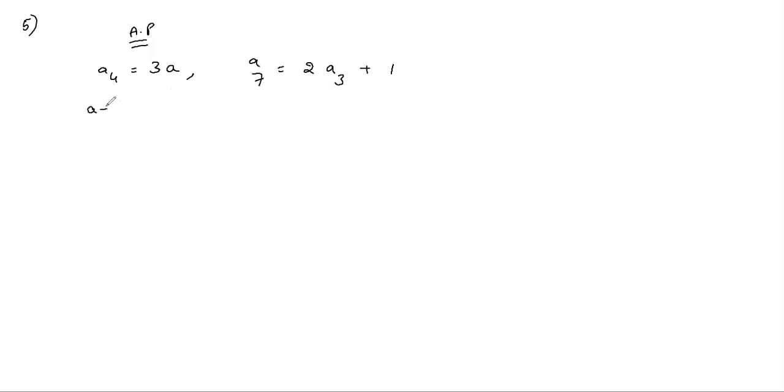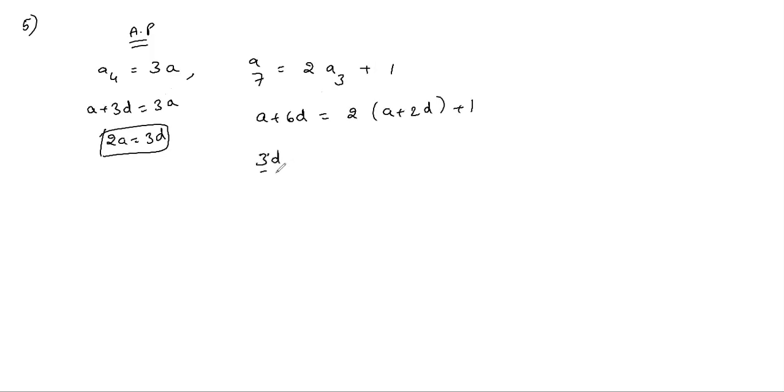A4 equals a plus 3d equals 3a. So 2a equals 3d. Next, A7 is a plus 6d. 2 into A3 is a plus 2d, plus 1. The a value is 3d by 2.